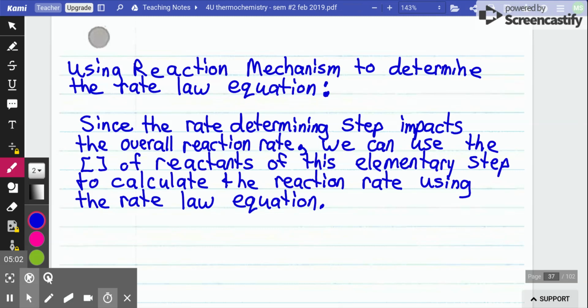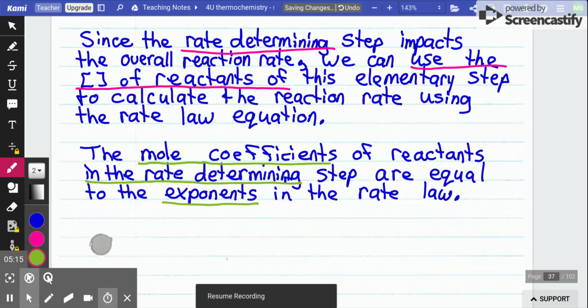And so we can use the concentrations of the reactants of the rate determining step to calculate the reaction rate using the rate law equation. So the way it works is that you can use the mole coefficients, the numerical coefficients, which we know equal the number of moles of each particle of the reactants in the rate determining step, and they become the exponents in the rate law.